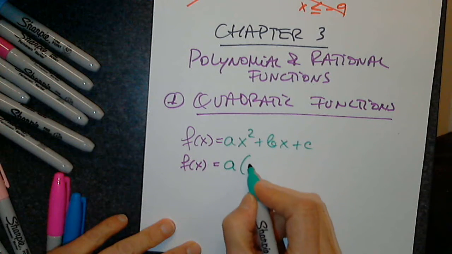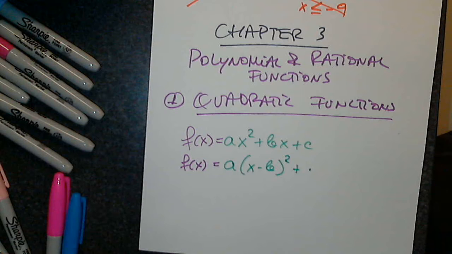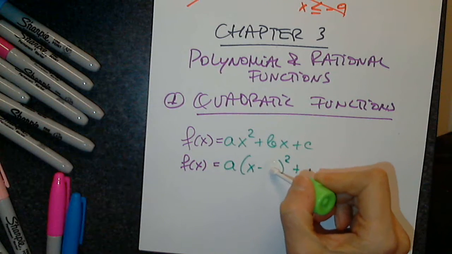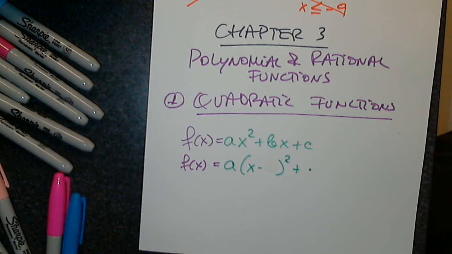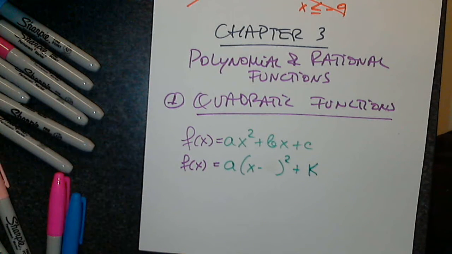And then a times (x minus h) squared, not b, it's h, plus k, outside. K is outside. Sorry about that. So this is h, but I have to let it dry.